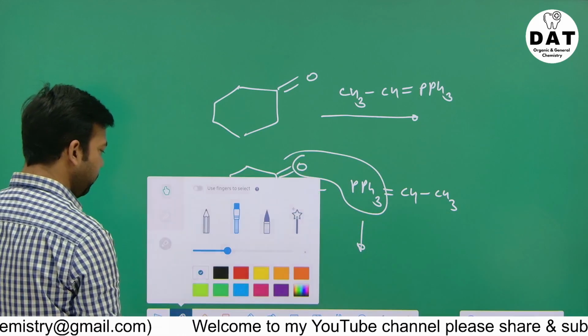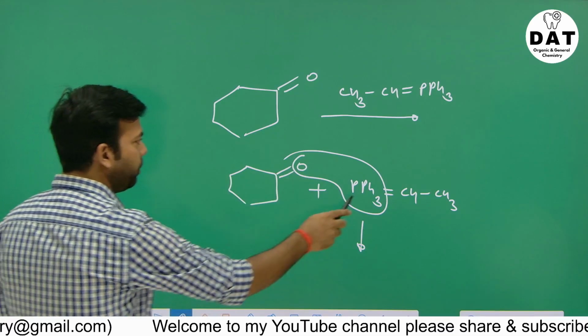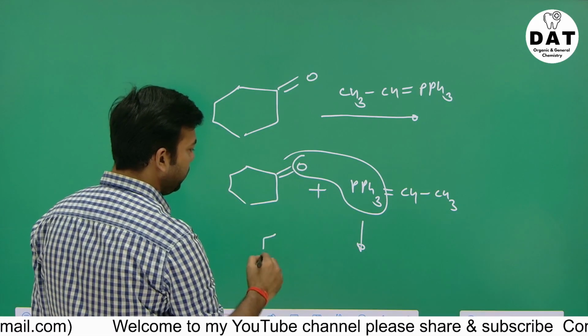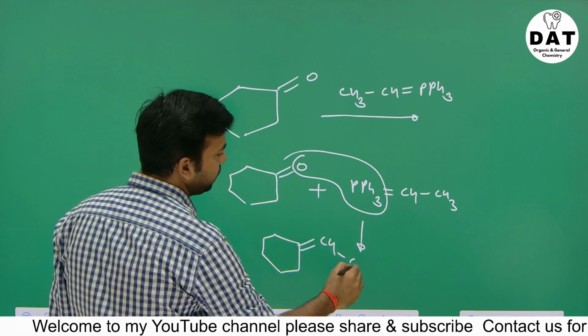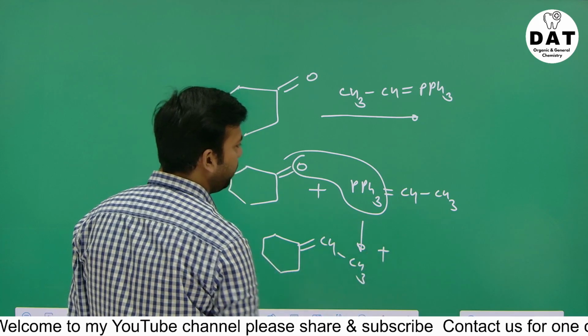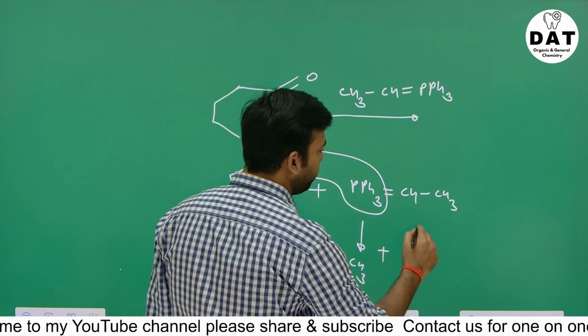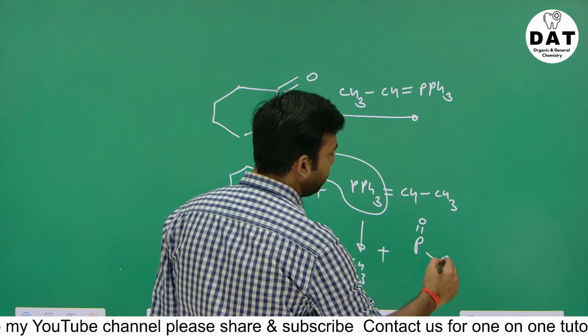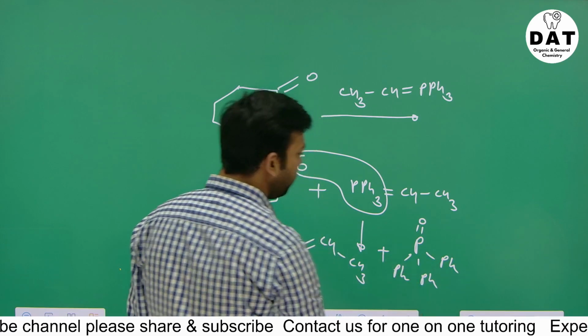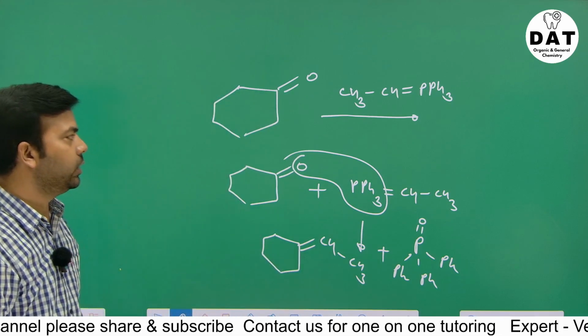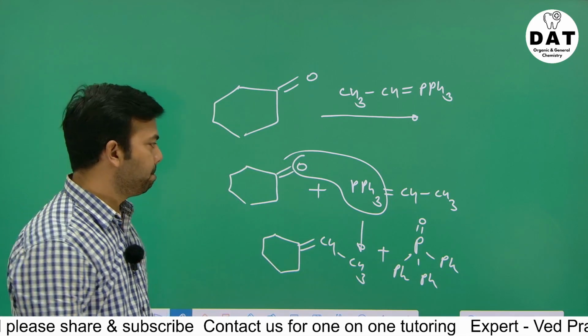Once you remove the oxygen with PPH3, it will be like this, double bond CH and CH3, and the byproduct will be what? O double bond P with three Ph, where Ph means benzene ring, okay? This is the product of this reaction. Clear?